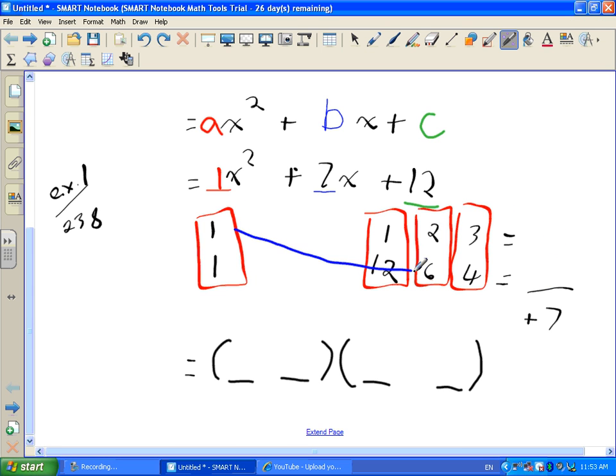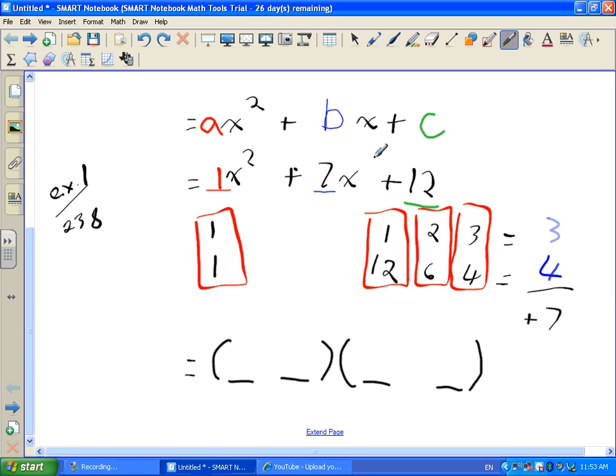And we're going to cross again and try it. 1 times 6, 1 times 2. Because these factors are 1, we end up with the exact same answers every time. We get 2 and 6, no difference. We still don't get a pair of products that equal 7. So let's go to our final column. 1 times 3, 1 times 4. I get 3 and 4. Any combination of that works?